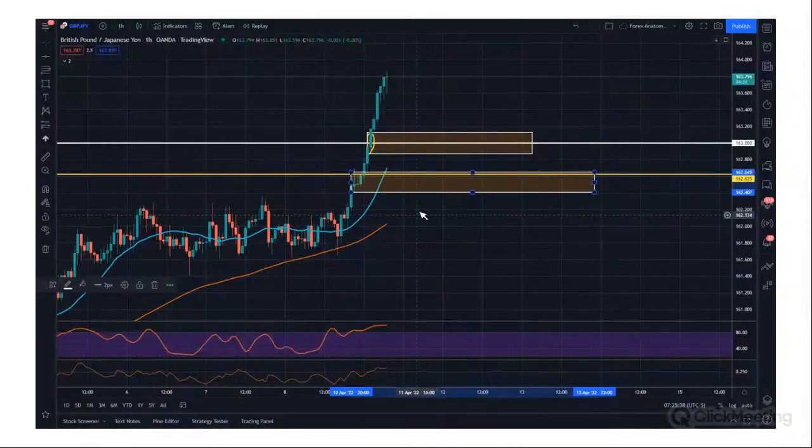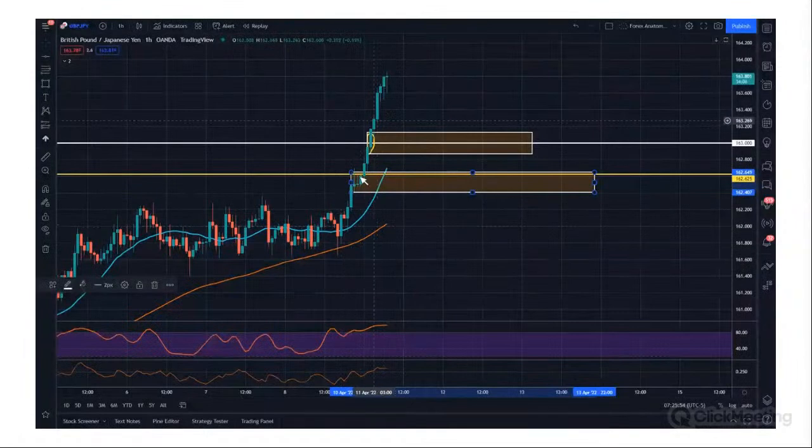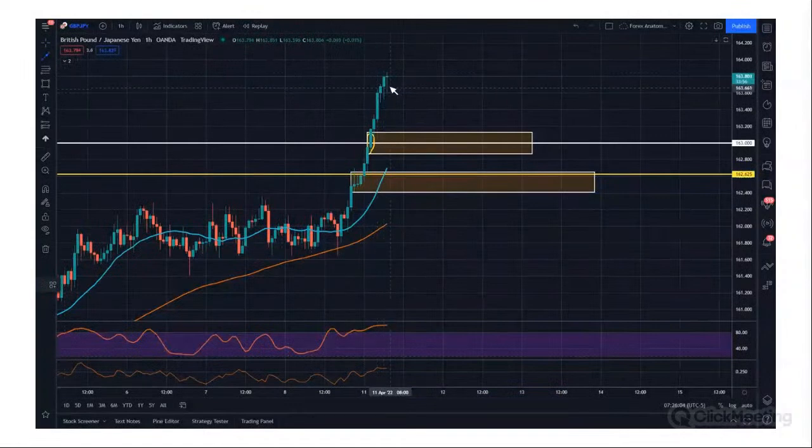Remember, on trend continuation moves, sometimes the first level that you look for your buy at may not be the level. So you have to wait until price gets to another level, and we may find the buyers come in right around here as well. But I do believe, based on momentum and the strength of this impulse move to the upside, this first zone should be an area where we expect price to go down to and respond to.